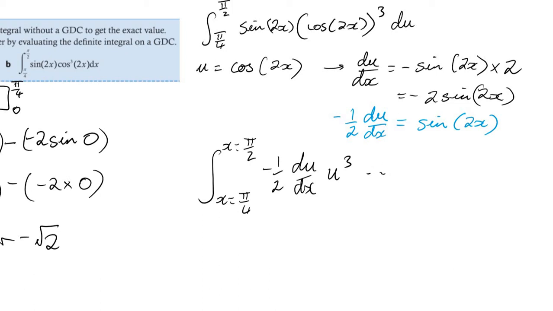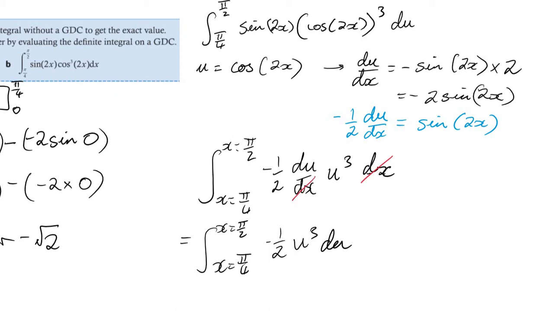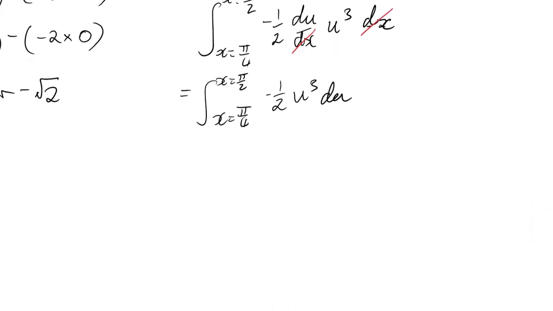My apologies, that should be dx. Okay, so tidying that up a little bit, we have negative 1/2 u cubed du, because these are opposite processes and effectively cancel out.